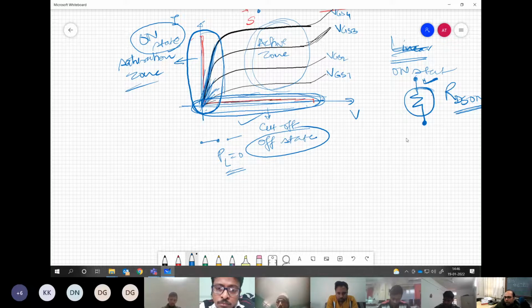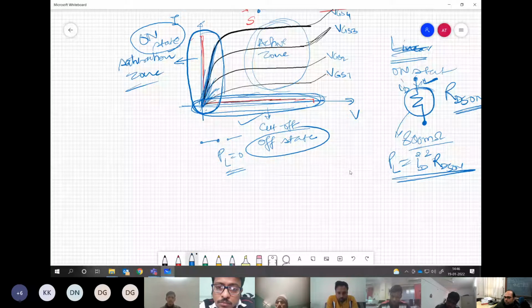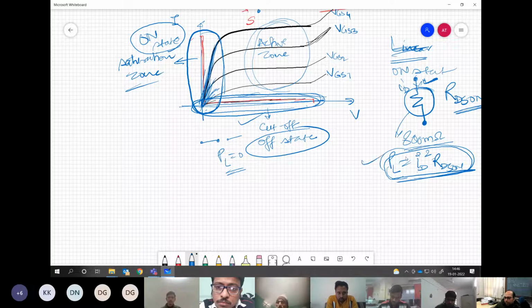Sometimes it can be as large as something like 800 milliohm for lower current rating MOSFETs. Now the power loss through this device is basically whatever ID is flowing, ID square RDS on. So this is the conduction loss which occurs in the MOSFET whenever we operate it in this zone, right?